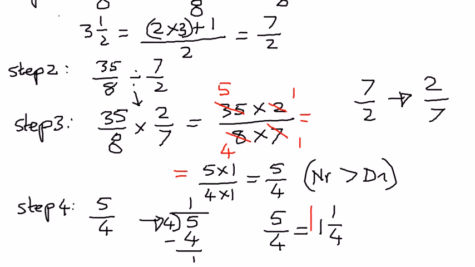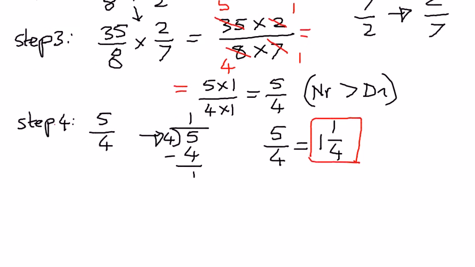And therefore this is the simplified form of dividing these two numbers which are in their mixed number format. 4 3 over 8 divided by 3 1/2 simplifies to 5 over 4 in its improper fraction format, or 1 1 over 4 in its mixed number format. Both ways of representing the answer is correct.